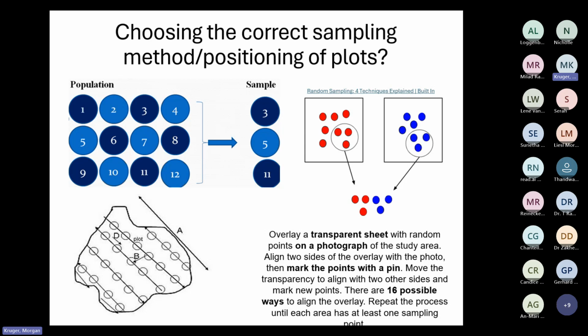You then move the transparency to align with two different sides of your image and mark the new points. And there are 16 possible ways to align the overlay. And at the end, you repeat the process until each area has at least one sampling point in it. So that's a nice way to make sure that you capture variation that may otherwise be uncaptured through just normal random sampling.